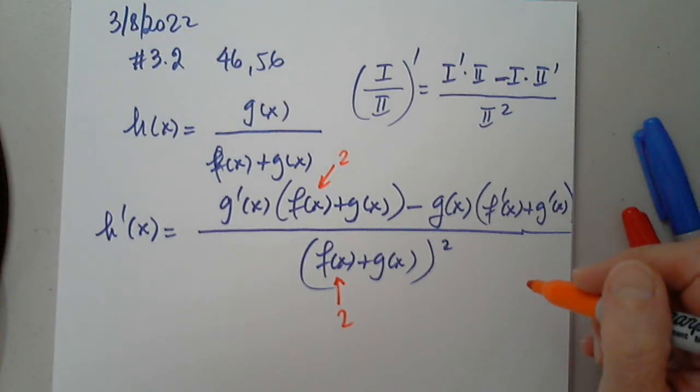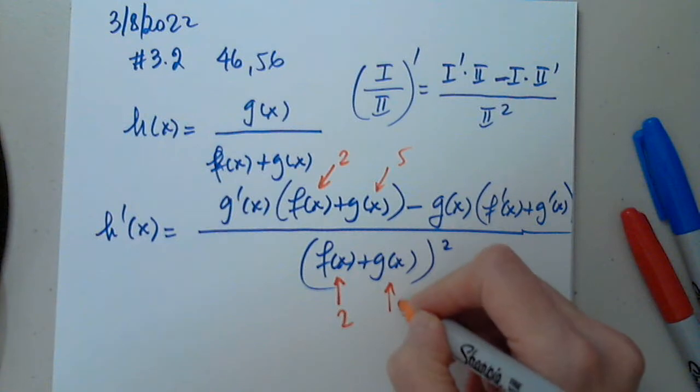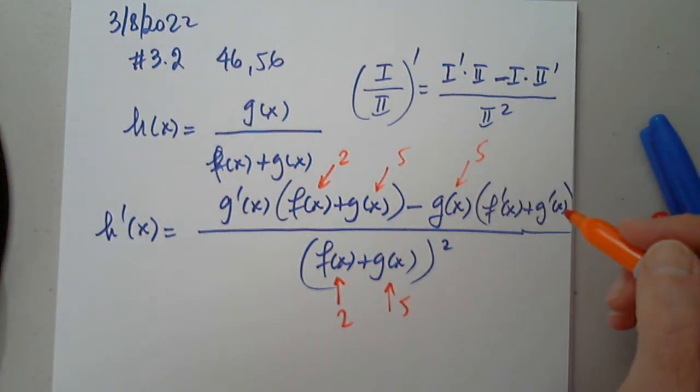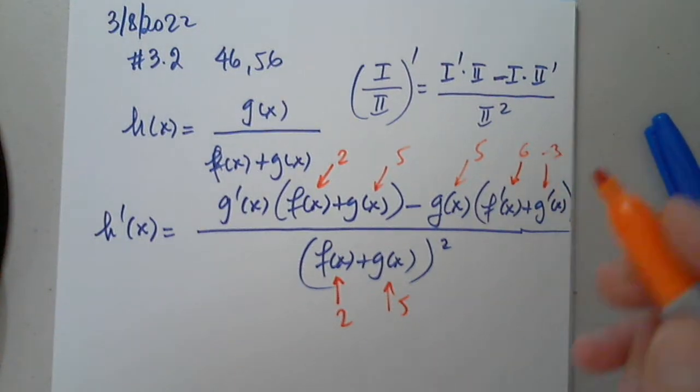Then I'm given g of 4 is 5. So this is 5, this is 5, and this is 5. And f prime of 4 is 6. So this is 6. G prime of 4 is negative 3. So this is negative 3, and this is negative 3.